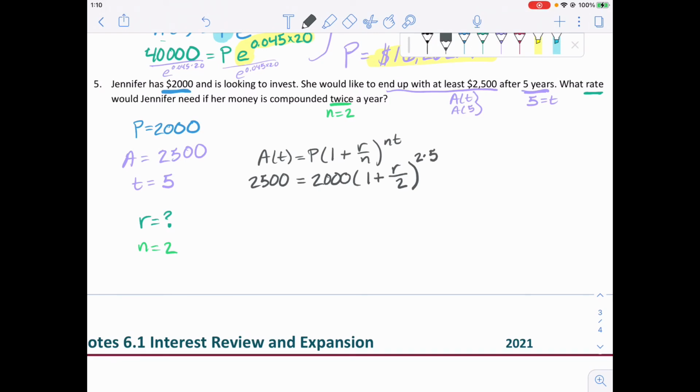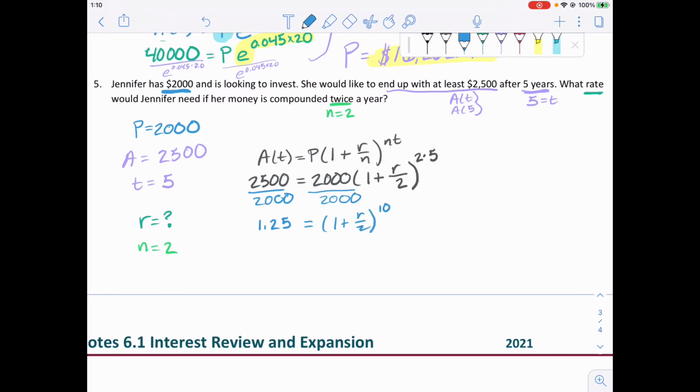All right, so we got to solve. So first thing we're going to do to solve is divide by 2,000. And so over here, we're going to end up with 1.25 equals 1 plus r over 2 to the 10th.